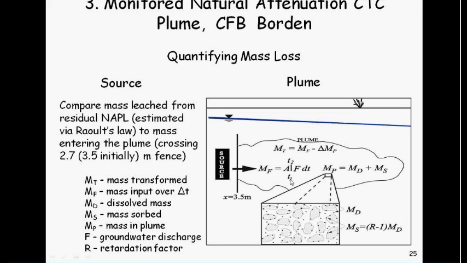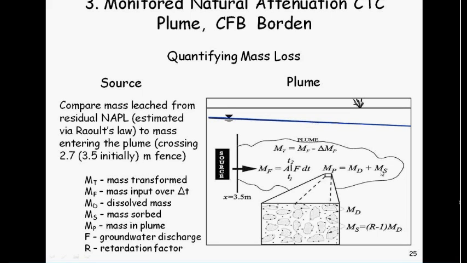You would take the time before and the time after, average them, and say that was the mass discharge of the chemical over that time period, delta T. And it has a cross-sectional area that the plume's going in. So the mass in the plume was simply the mass that's dissolved from monitoring data, and the mass sorbed, which just was from applying the Kd equation to the average dissolved contaminant concentration.